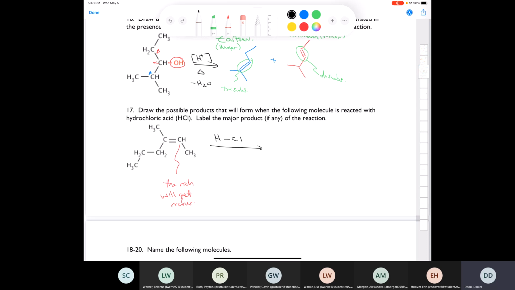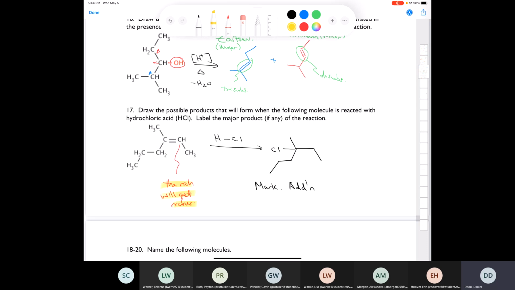Let's draw what that would look like. I'm going to have the two carbons from my double bond. I'll have this methyl group down here, this methyl group here, I'm going to have a chlorine on this carbon now, and then I have my 1, 2, 3 carbons like that. So this is a Markovnikov addition of HCl across a double bond, and you have to know the Markovnikov rule.